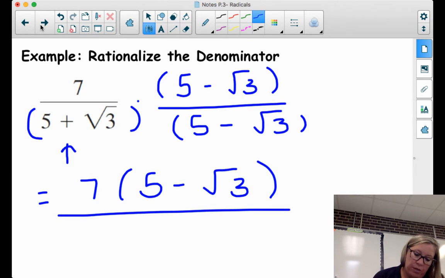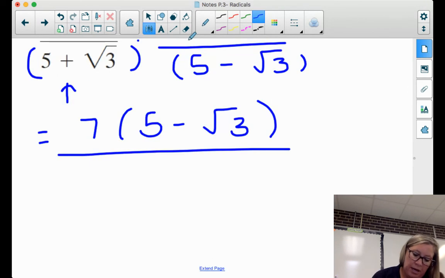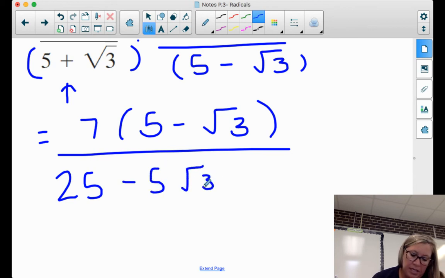So when we do that, A is 5 times 5. So I'll just show you it FOILed out, and then you can see why it does work. All right, so first, 5 times 5 is 25. Outside, 5 times negative square root of 3 is negative 5 square roots of 3. Then we go to inside.